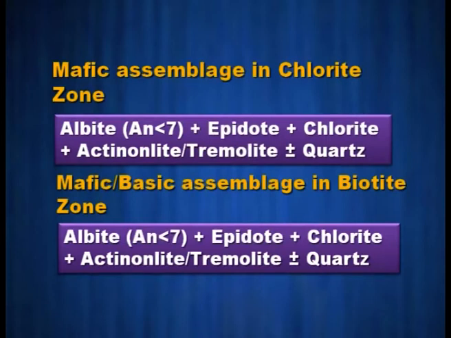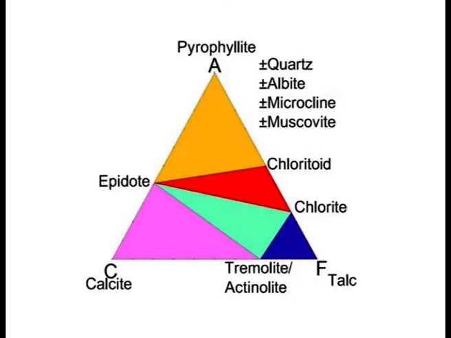Mafic-basic assemblages in the chlorite zone. We can observe the following basic assemblages with the help of an ACF diagram. Assemblage 1: albite plus epidote plus chlorite plus actinolite/tremolite plus or minus quartz.